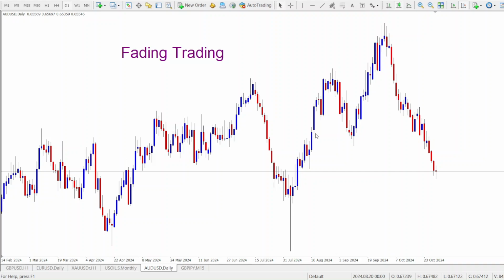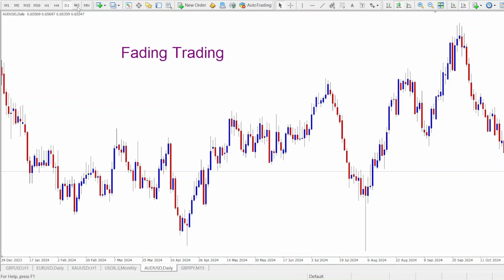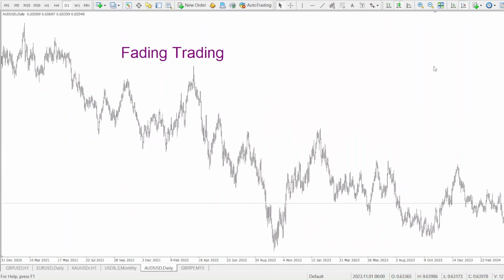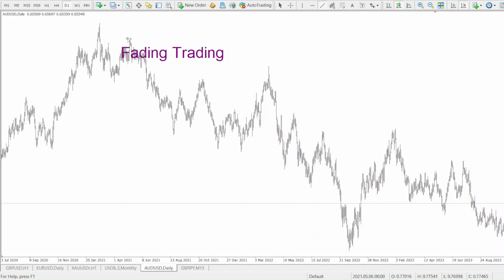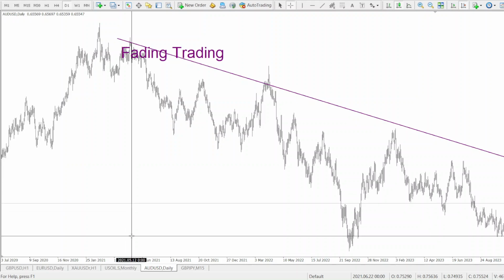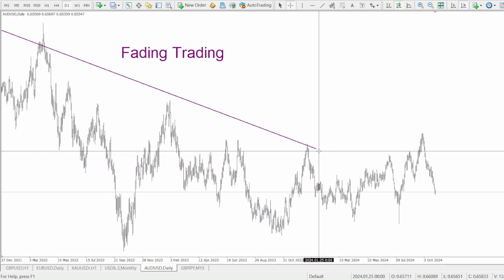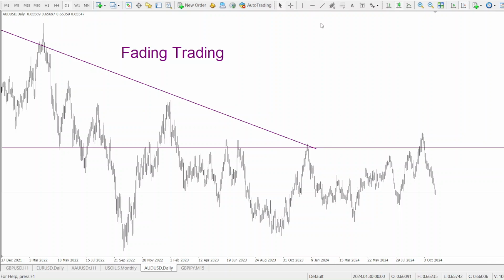But why, you may ask? Because trends don't last forever. Often there are moments when a strong trend begins to lose its momentum. Now we can see, even though we had a strong sell trend here, this started all the way from 2021, as we can see the dates, from 2021 all the way to 2024 before this consolidation began to form.